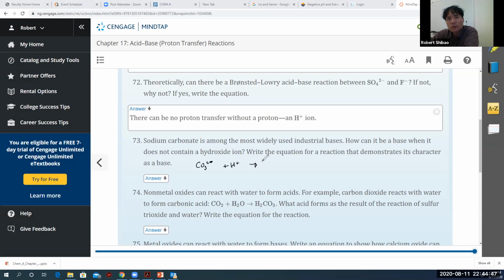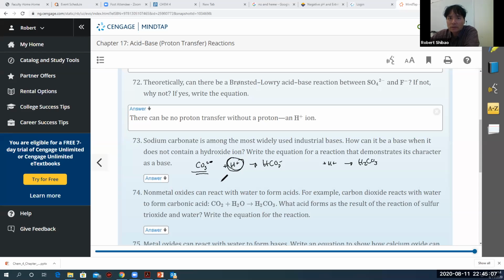So it could accept 1 proton, it'll make bicarbonate. It could accept 2 protons. And so if it accepts 1 more proton here, it'll form carbonic acid. And so it's a base. It's a base because it can accept a proton.